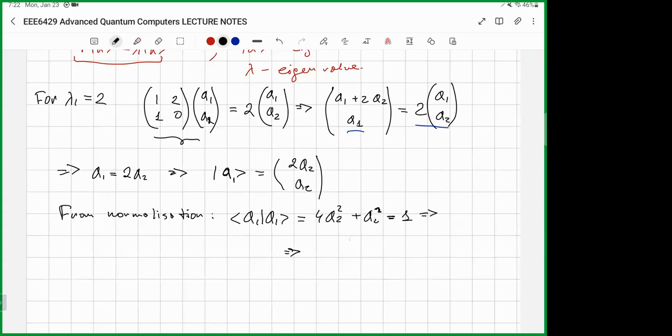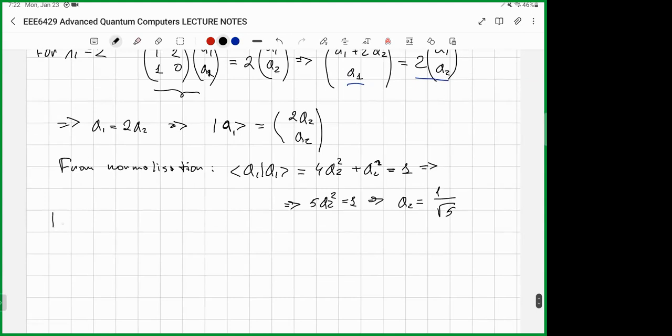So it's therefore 5a2 squared is equal to 1. Therefore a2 is equal to 1 over the square root of 5. So we conclude that our first eigenvector is equal to 1 over the square root of 5, with components 2 and 1. So this is the first vector.